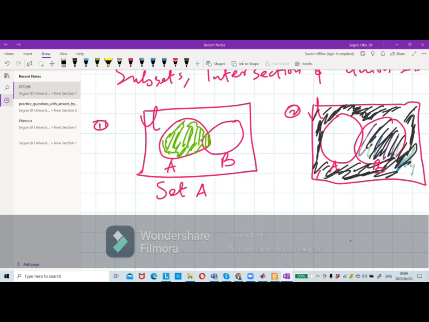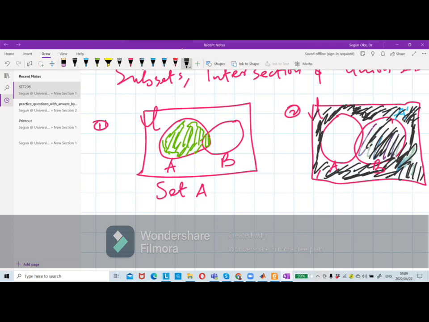I'm looking for a nice color that will give us a good picture. Let's try the yellow. So the shaded part is called A prime, that is A complement. Everything shaded is called A complement.